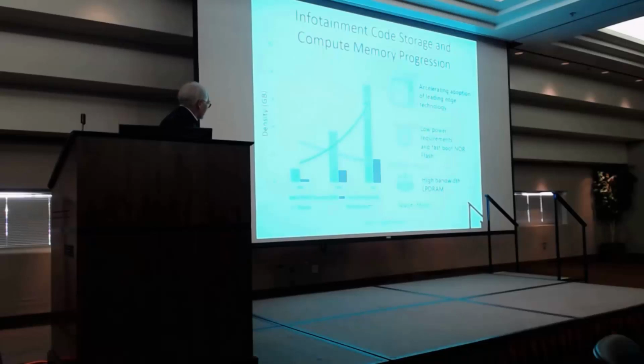And at the same time, the prices are presumably going down, the performance is going up, and the power requirements are going down as well. But a lot is because of movements to low power DRAM and things of that sort, which can support these environments.